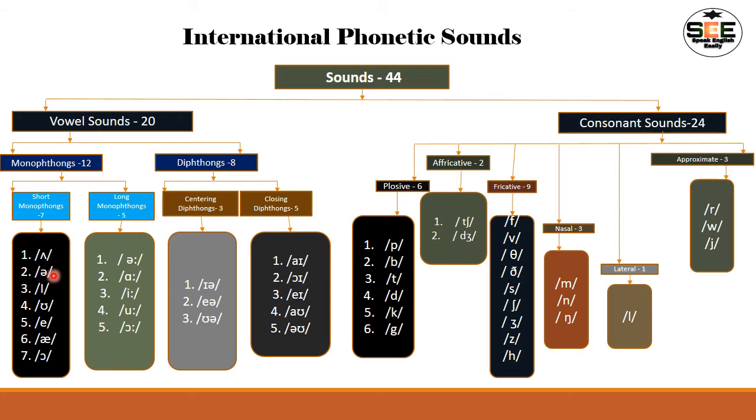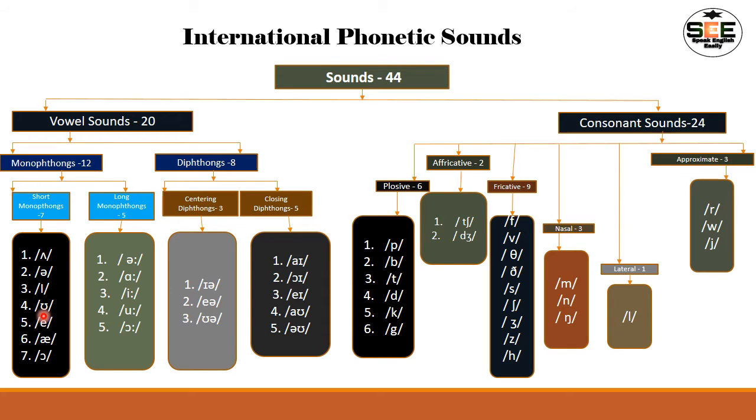Most of the time we use these sounds, and whenever we pronounce any English word, most of the time they are useful for us. So number one, it is short pressure, right? Number two, no pressure but short. Number three, e, short e.